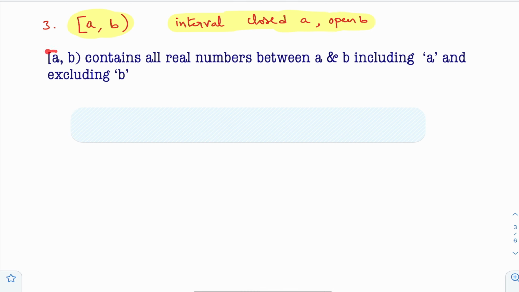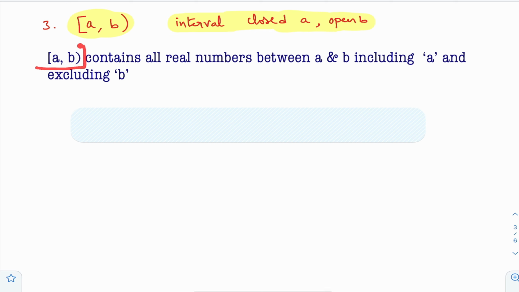Here, closed bracket is there. That's why between a and b, including a, we are including a. A is present in this interval, but excluding b. Whenever a closed bracket is there, that particular number is included. Whenever an open bracket is there, that particular number is excluded.